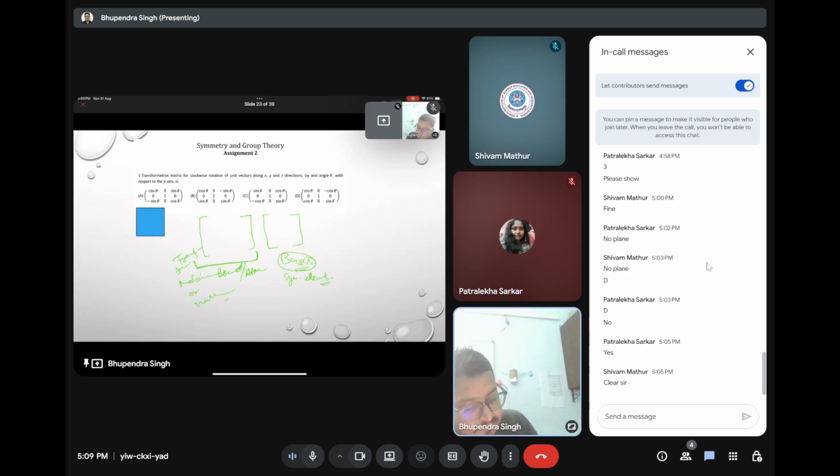Let's say matrix A is multiplied by B. After this transformation, you'll get A dash, which is not equal to A unless this B is the identity matrix.